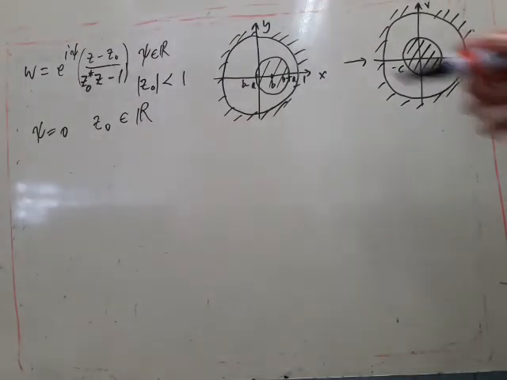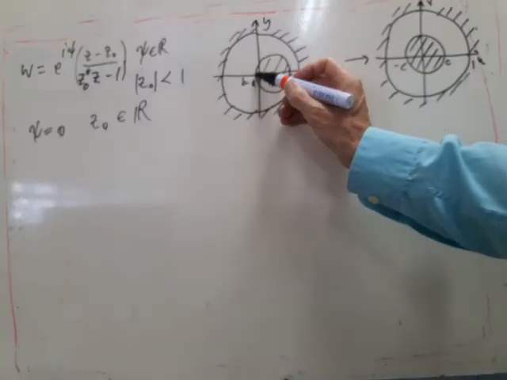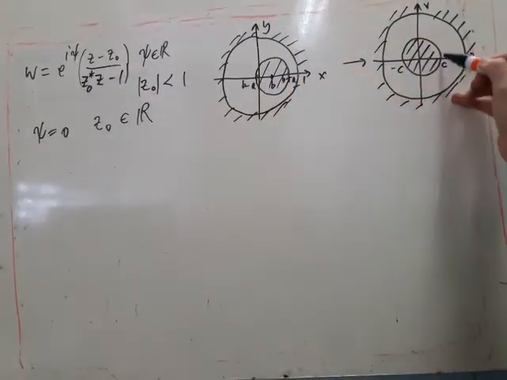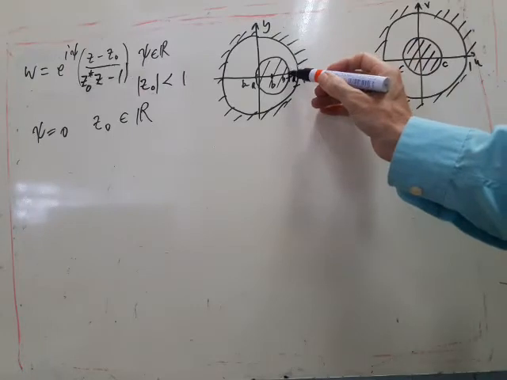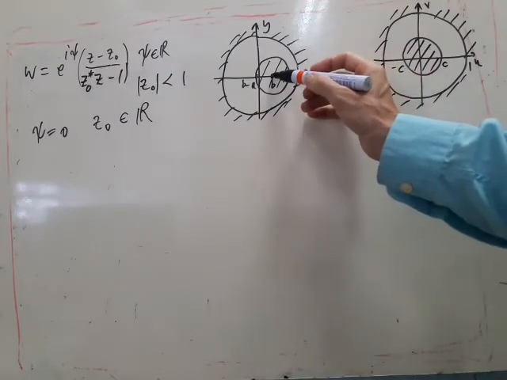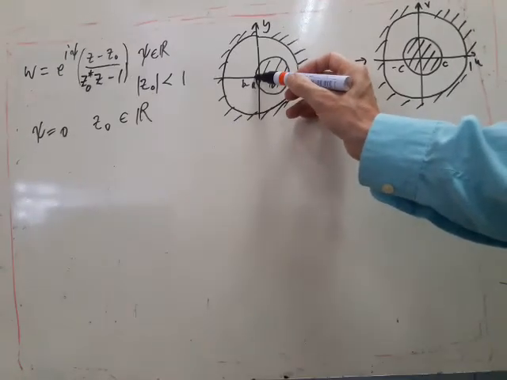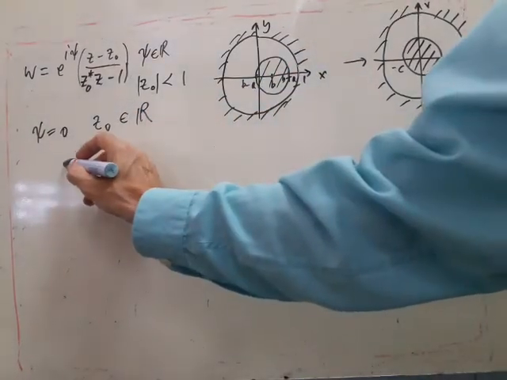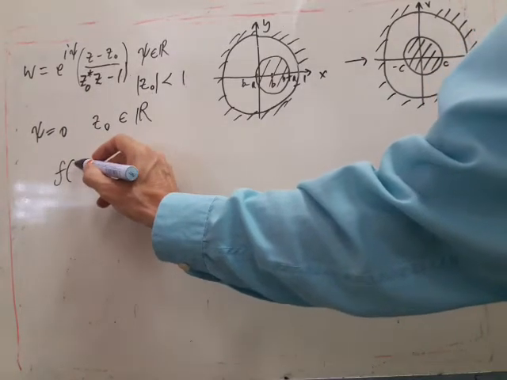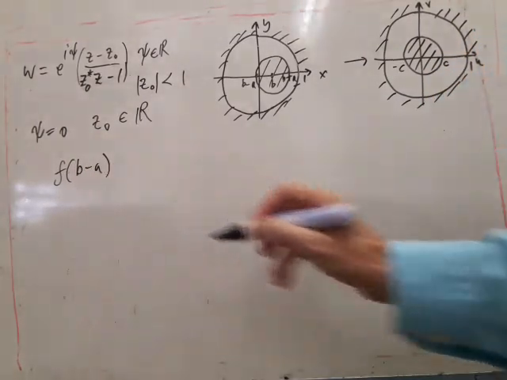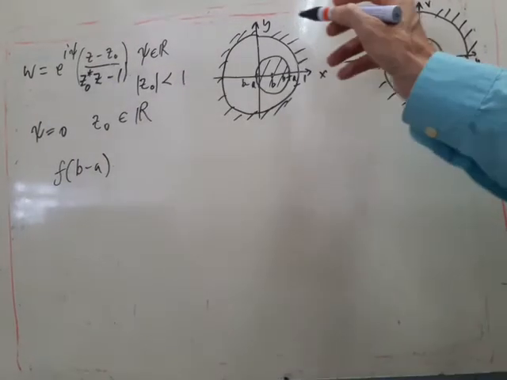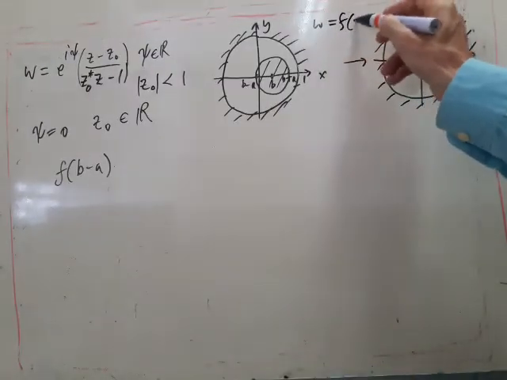So what we want is that this point here is going to get mapped to either this point or this point, and this point here, b plus a. So we've got a circle centre of x equals b and its radius a. So we've got points. So f of b minus a needs to get mapped. So I've got w equals f of z.